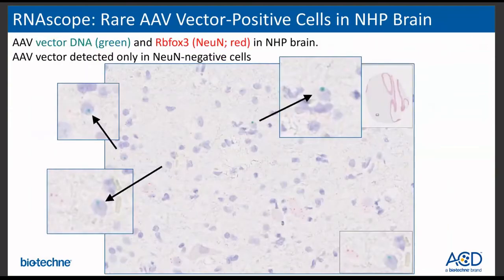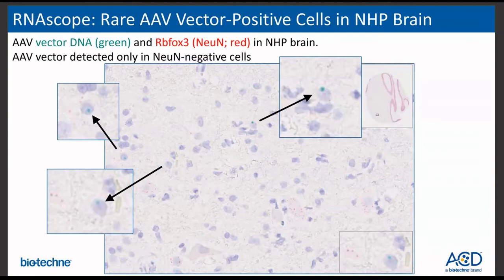And then one cool thing about this AAV application is that we can also pair up AAV DNA signal with one of the cell markers, which in this case is a neural cell marker, Fox3 in NHP brains.